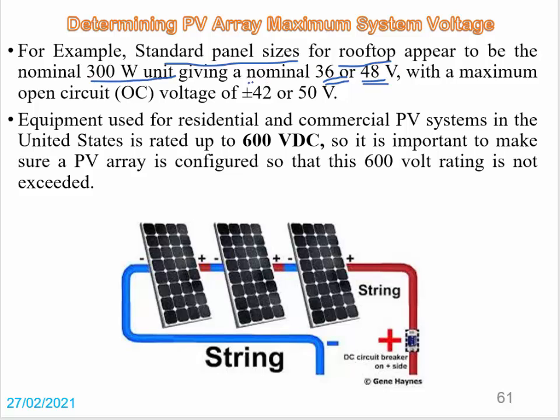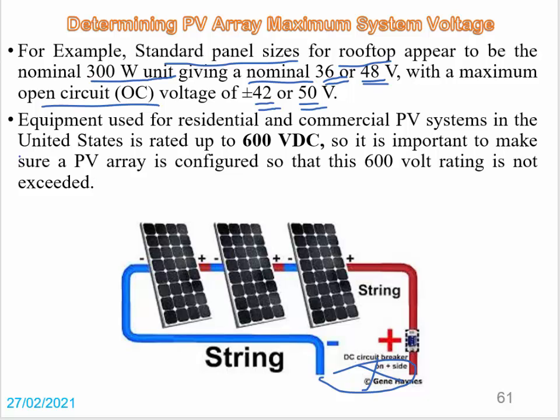So this is the nominal voltage, with a maximum open circuit voltage. When the solar panels are open, or there is no load, the voltage is between 42 and 50 volts.